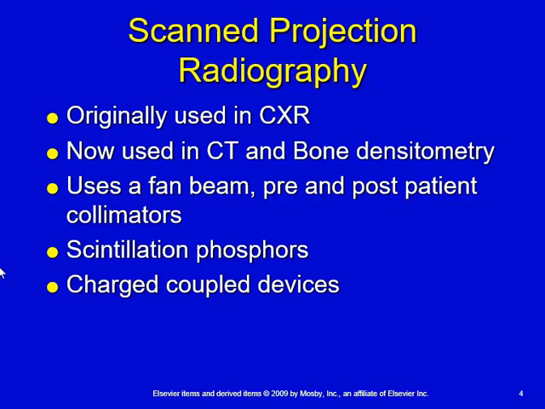But all that was fed into scintillation phosphors. Scintillation phosphors are just phosphors that glow, and that glow was picked up by a charge-coupled device and fed into digital reconstruction. And it still is, especially in bone densitometry now.